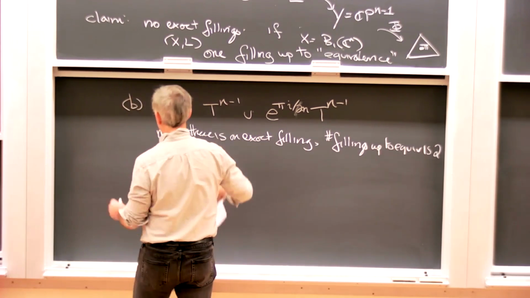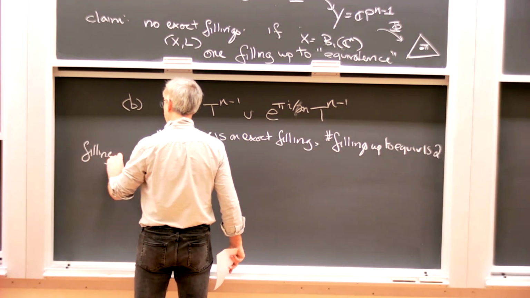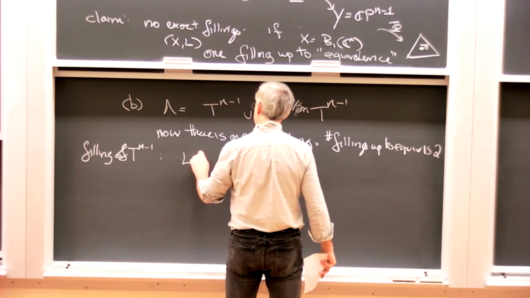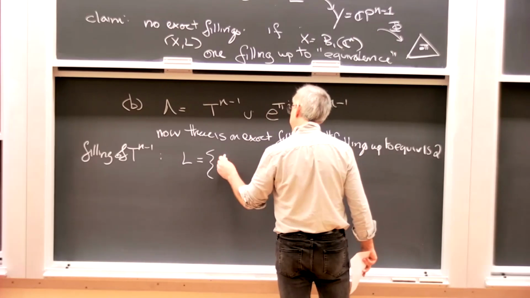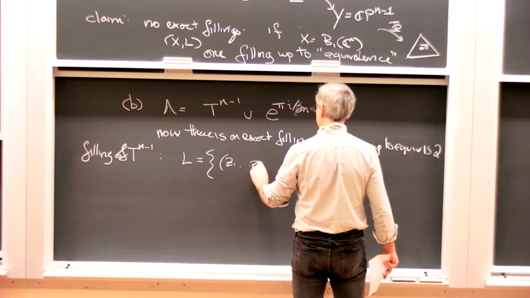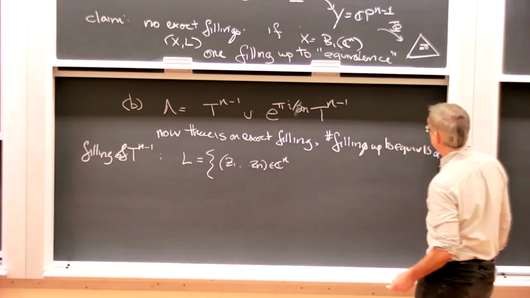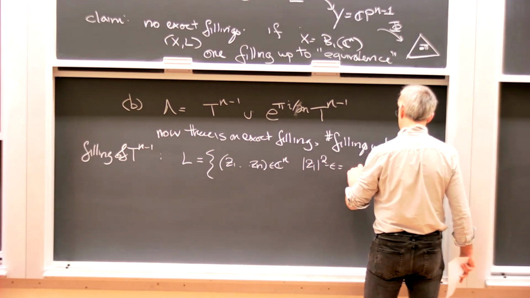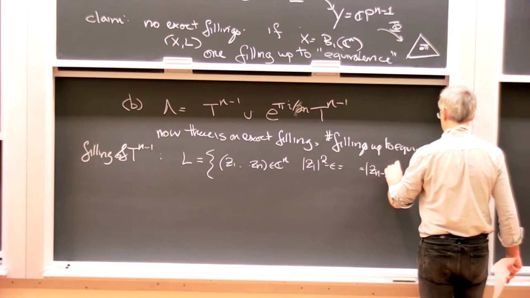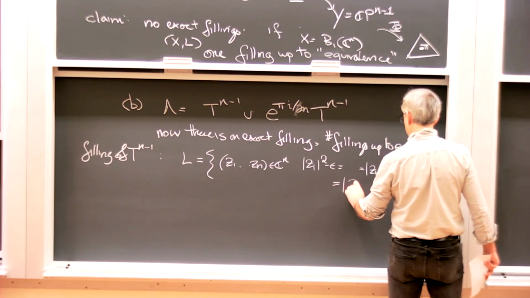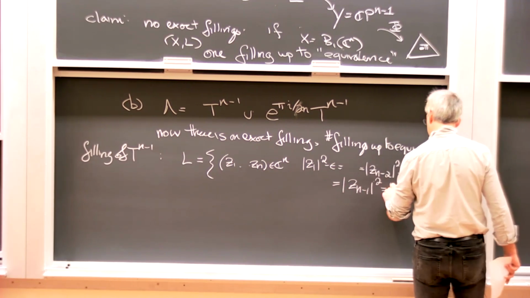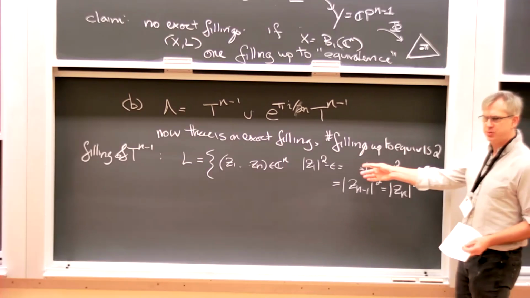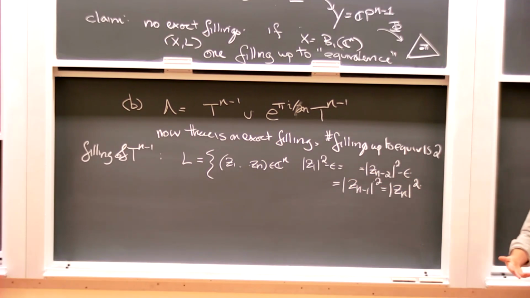If I just want the filling of T^(n-1), then I can take L to be the set of z_1 up through z_n in C^n, so that |z_1|^2, ..., |z_(n-2)|^2, and all of these norms are equal up to some constant, which is only applied to the first n-2 coordinates.